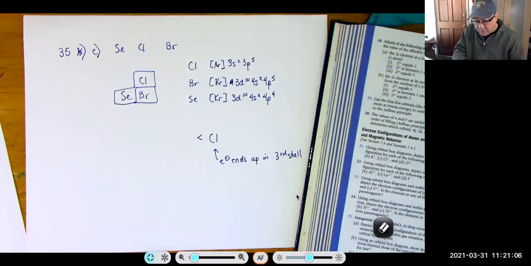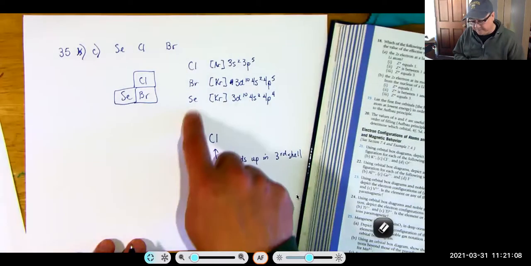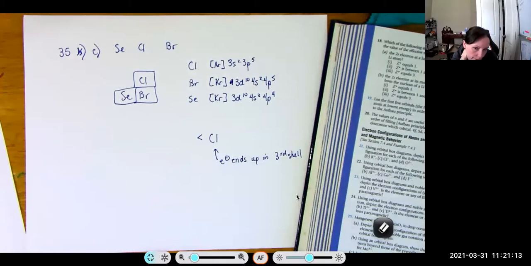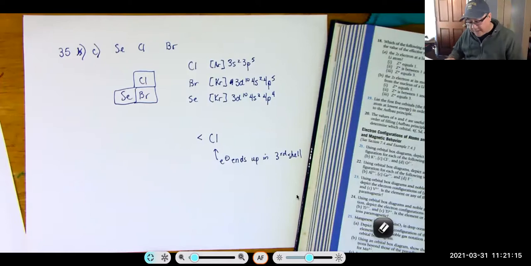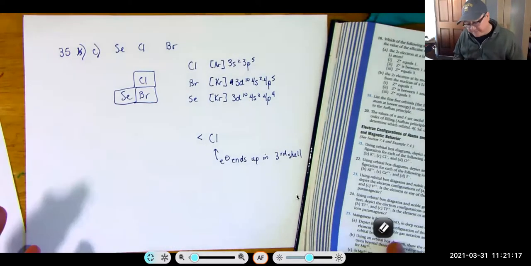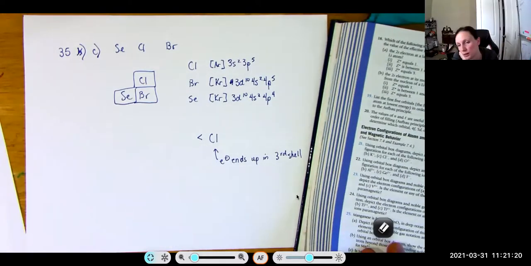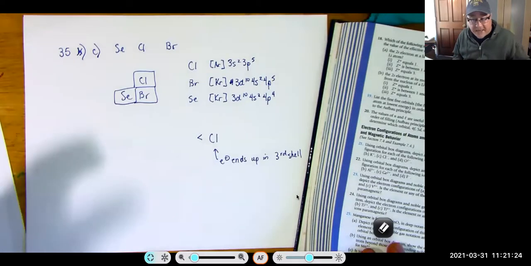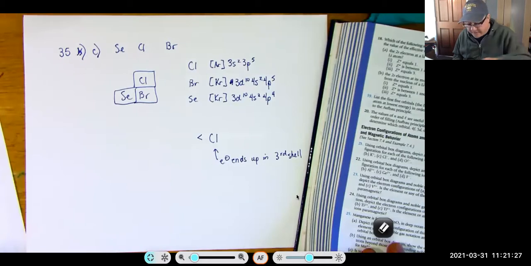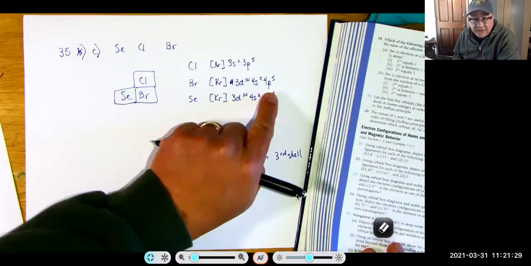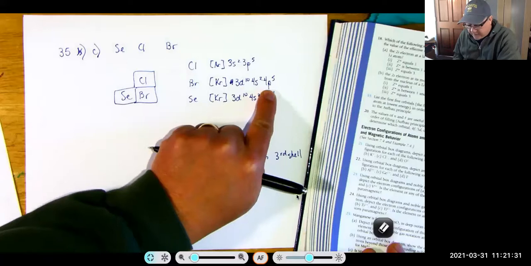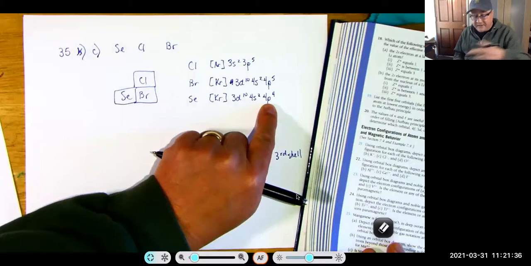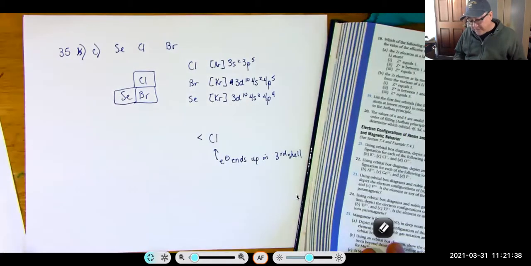Okay, what about bromine and selenium? Well, we have the same shell number, and it's the same subshell even. So I think it's bromine. And not only that, but they're both going to be paired when they end up adding in, because there's only one unpaired electron here.